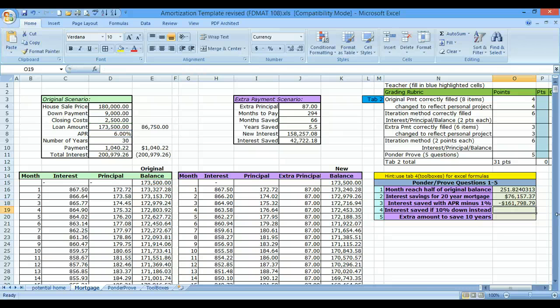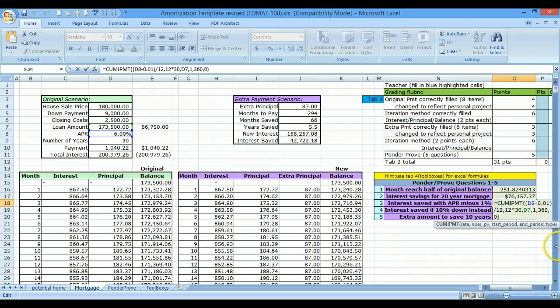And this is how much you are going to be spending in interest with 1% less. It looks pretty reasonable. With 1% more, you spent $200,000 in interest. With 1% less, it costs you $161,000. Now again, we want to subtract this minus the total interest with 1% less.